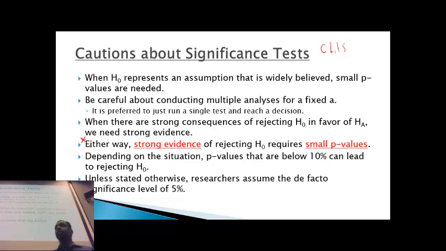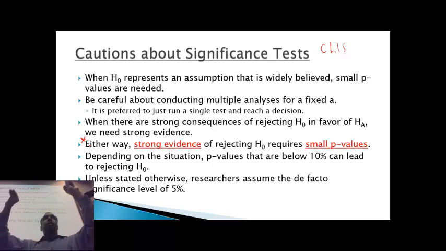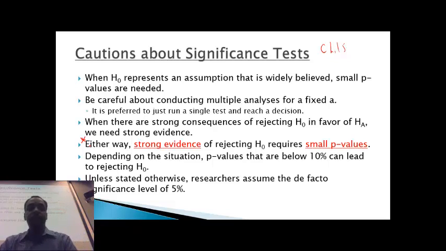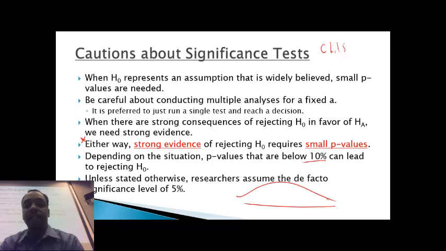The stronger the evidence for rejecting the null hypothesis requires small p-values, right? So again, you're close to 0. The further you are from 0, the smaller the probability is of being out in the tail. Small probabilities correspond to small p-values. And again, p-values that are below 10% can lead to rejecting the null hypothesis. And so that's where we did this a long time ago, which was like a couple days ago.